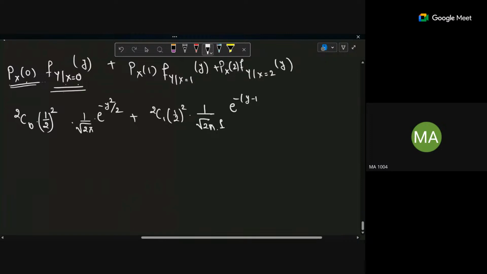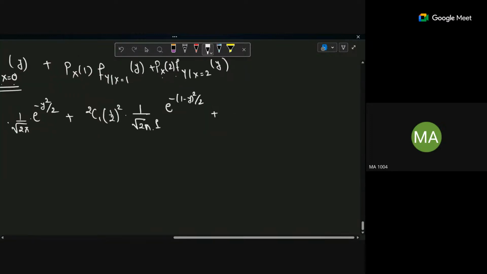Okay, it's a square, so you can write both. Okay. No problem. Okay, (1 minus y) the whole square by 2, plus then 2C2, right? Px of 2, that means 2C2 1/2 square, again the same thing, 1 by square root 2π.